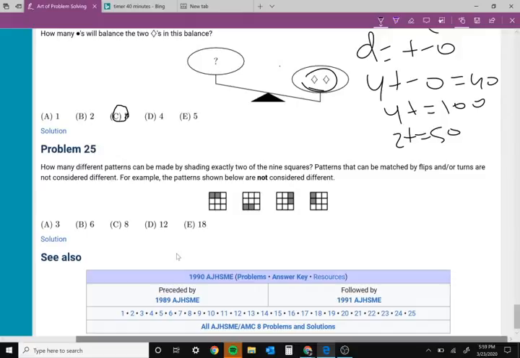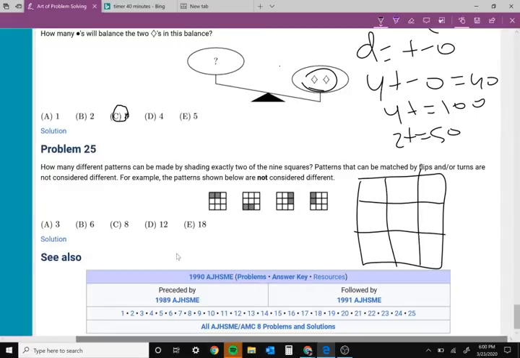Okay. Let's draw our square, right? So 1, 2, 3, 4. So we can have 2 next to each other, as so. And that covers all the possible rotations and stuff.